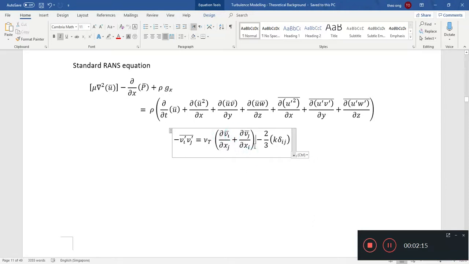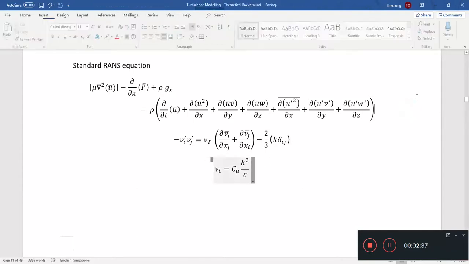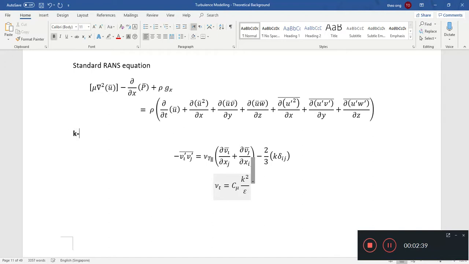And this turbulence viscosity is modeled like so: mu t equals some constant c mu k squared divided by epsilon. This is the k epsilon model.